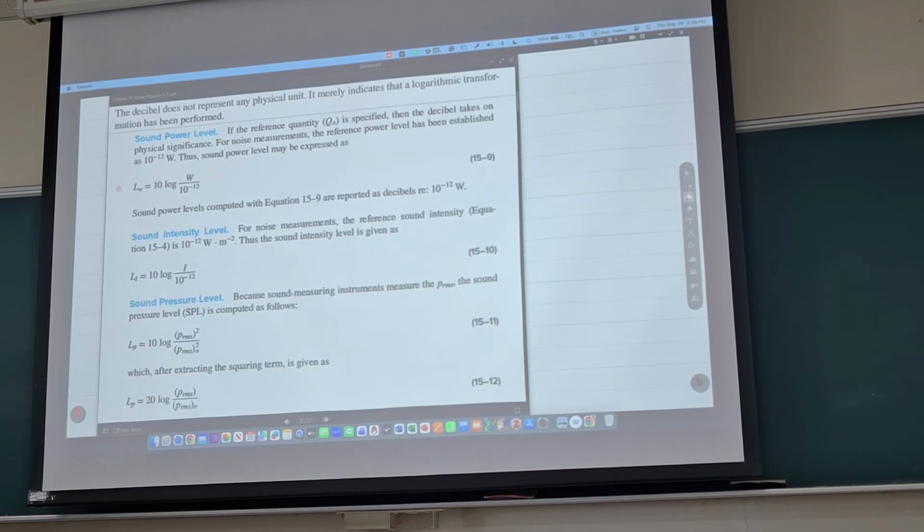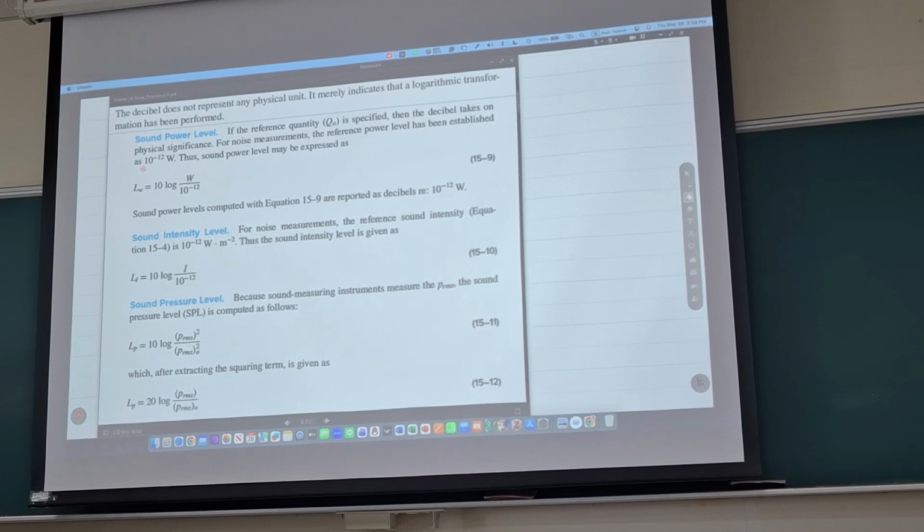And how about this one? 15.9. So this is the sound power level, L_W. The W here is the sound power.